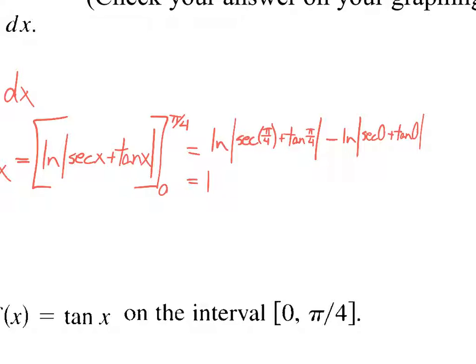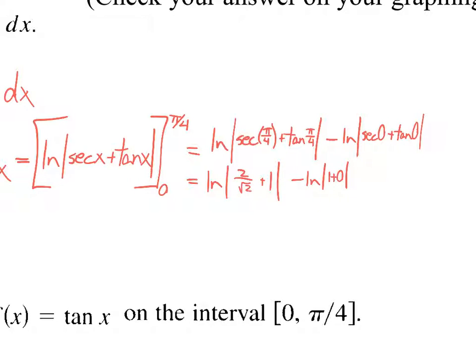So secant is going to be the reciprocal of that, right? That's 2 over the square root of 2. What's tangent of pi over 4? 1. Okay, so minus ln of, what's cosine of 0? 1. So secant of 0 is 1. What's tangent of 0? 0. Okay.